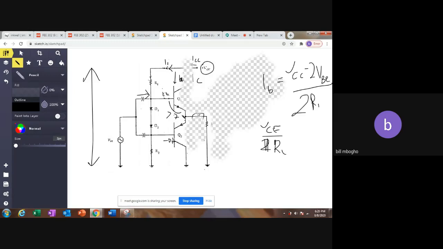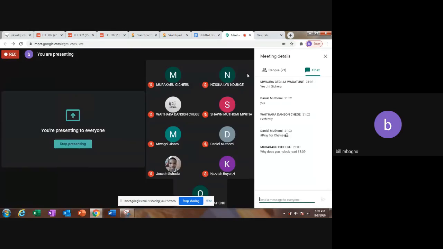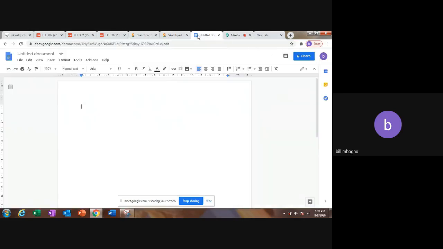Or, yeah, I think it's better to start from the AC load line. Let me check. This is the formula for the AC load line.